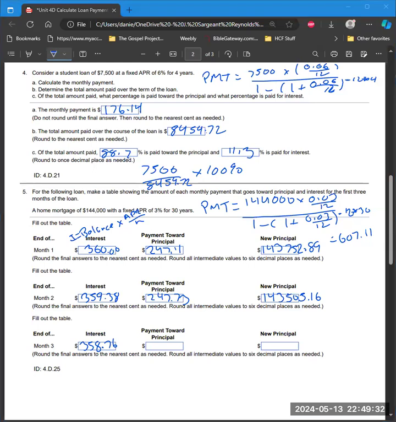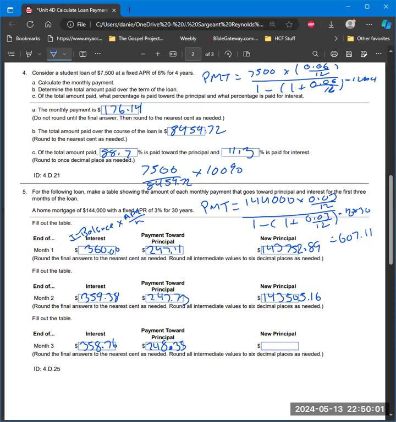So 607.11 minus 358.76. Just a note here, we're not going to get all the way to the end, but because there is some rounding involved every step of the way here, we may have to make an adjustment on our final payment.